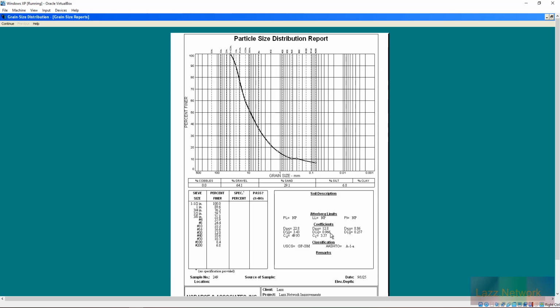D15. Wait a minute. Ooh, yeah, that D15's off. It should be 1.30. So it's somewhere around here. Actually, yeah, what is this CC, CU? So CU, here I got 49.